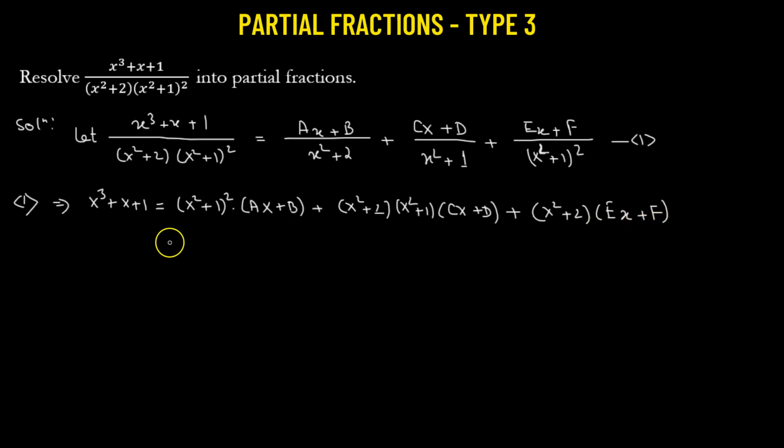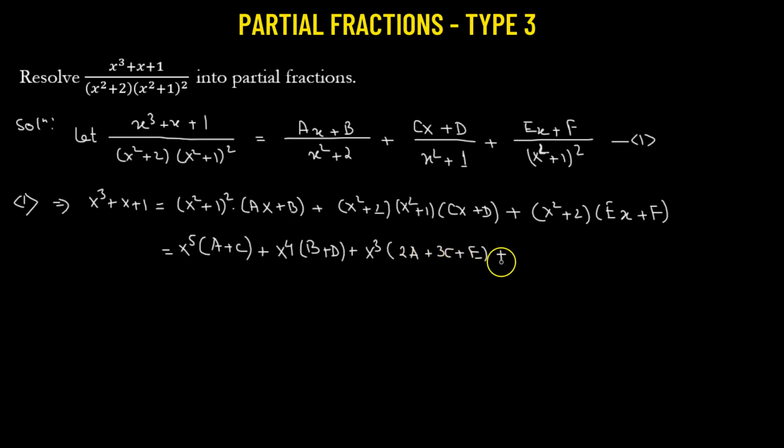Okay, so what we'll do is expand the right hand side and combine all the like terms. That leaves us with x raised to the power of 5 with a coefficient of a plus c, followed by x raised to the power of 4 with coefficient b plus d. Then x cubed has a coefficient 2a plus 3c plus e.